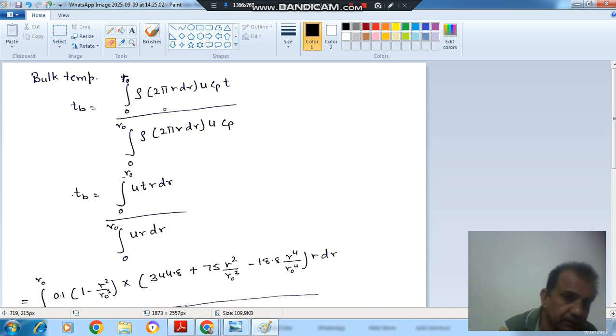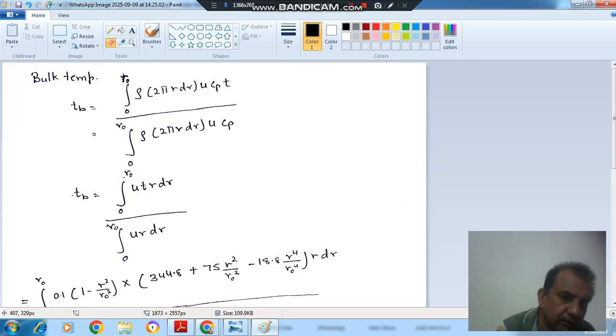So TB is a constant quantity, assumed constant for all the fluid at a particular section, whereas T is variable. That is the mass flow rate multiplied by Cp and the constant bulk mean temperature, and that is the mass flow rate for the strip and the temperature of the fluid at the strip, integrated within limits. That is also the heat supplied. If you multiply by TB, it is also the heat supplied.